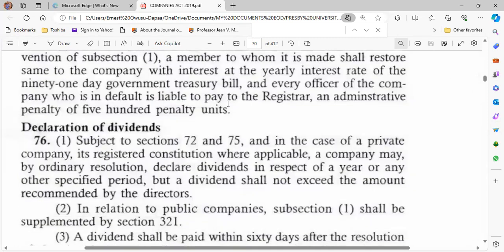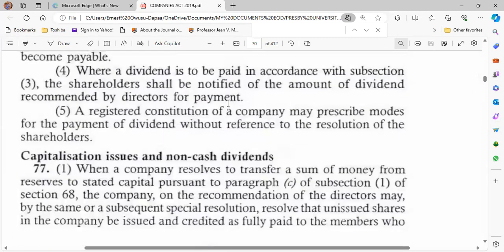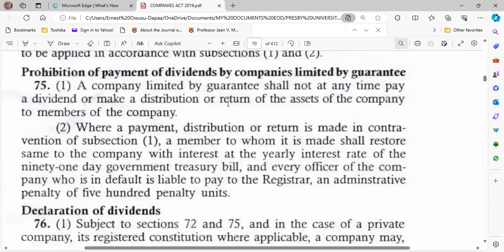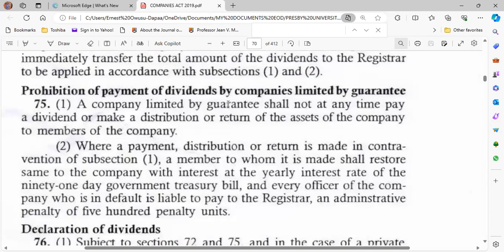Now, just before we draw the curtain down on the dividend discussion, let us remind ourselves that it is a strict legal principle that companies limited by guarantee in Ghana are prohibited from payment of dividends. So if you look at section 75.1, there's a complete prohibition.